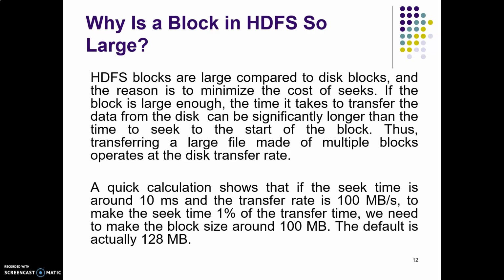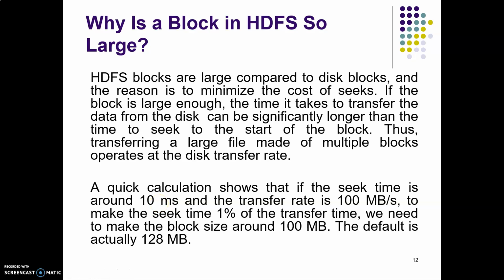When we say it is 128 MB, it is very large compared to the normal file system. But let us see what exactly happens. When we are making use of computer systems, normally our network has 100 Mbps or 100 megabytes per second, which takes around 10 milliseconds for transfer.